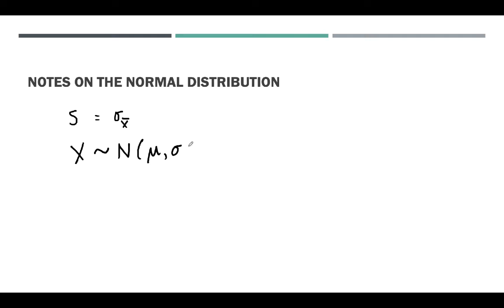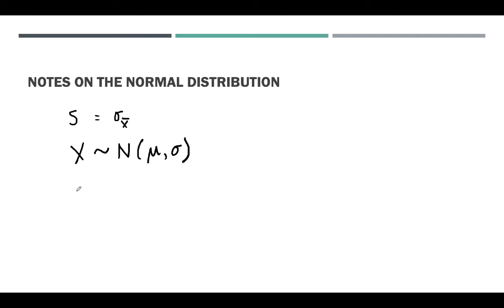I think a lot of older and more advanced textbooks usually have the variance here, but for our purposes on Desmos and just in general, I prefer the standard deviation, and you'll see why as we calculate more probabilities. The standard deviation is what matters, not the variance.